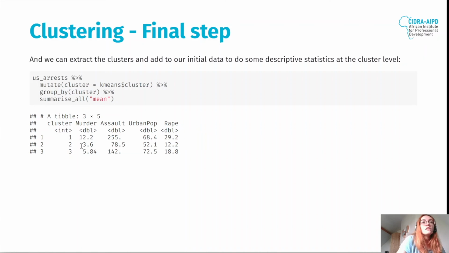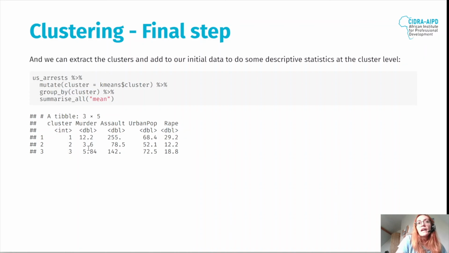Cluster 2, on the other hand, is clearly the one that has the least amount of murders. It's also the one that has the least amount of assaults. The urban population is not that populated, and it's also the one with the least rape, but it's pretty high as well.